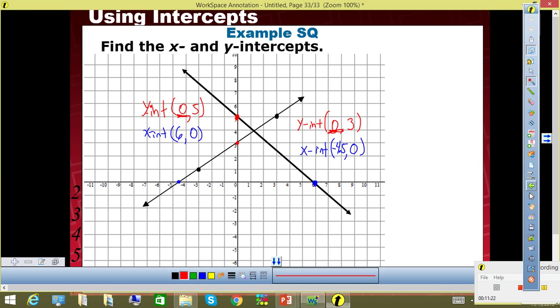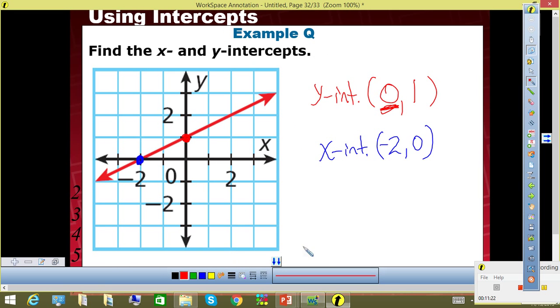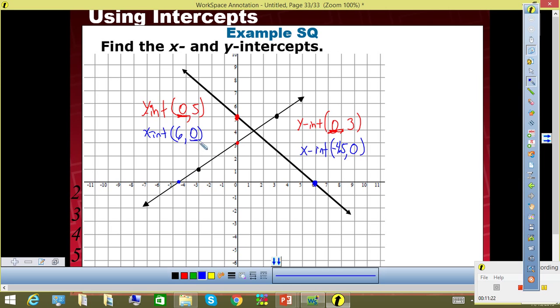Therefore, when we're finding the x-intercept, which one is 0? The y is 0. How about these? The y is 0. Because when we plot the point, the other value is 0. Everybody got it? Any questions with identifying x and y intercepts?